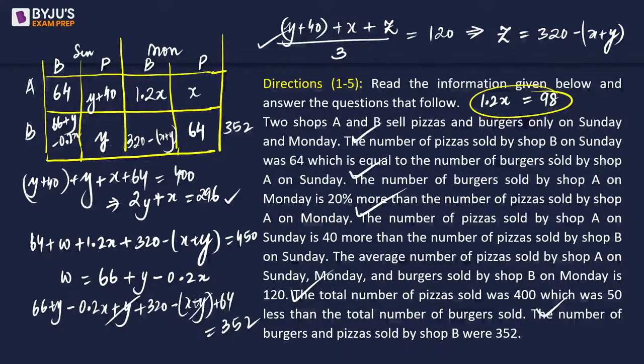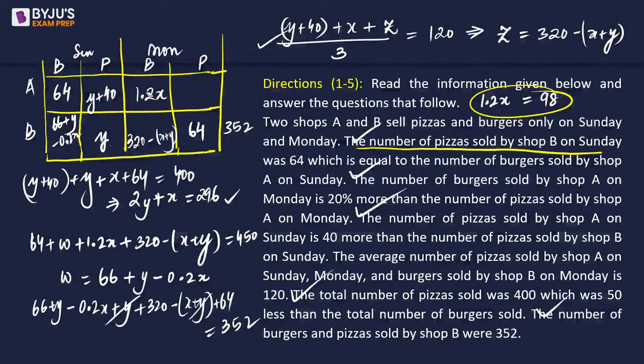The number of pizzas sold by shop B on Sunday was 64. Okay, why did I write Monday? So the very first mistake is in the first table. Okay, let's redo it quick.